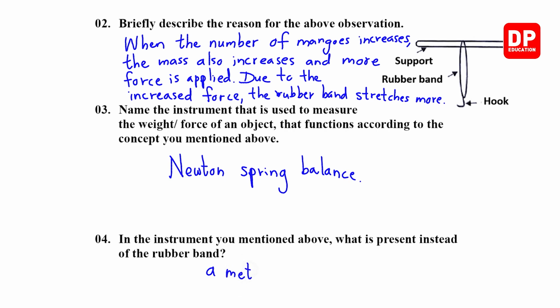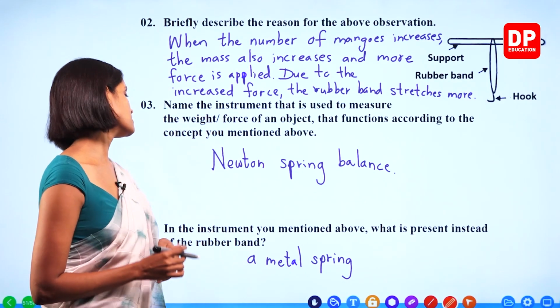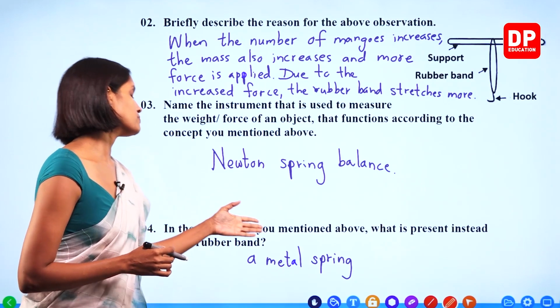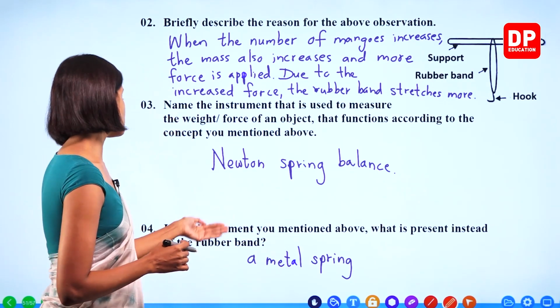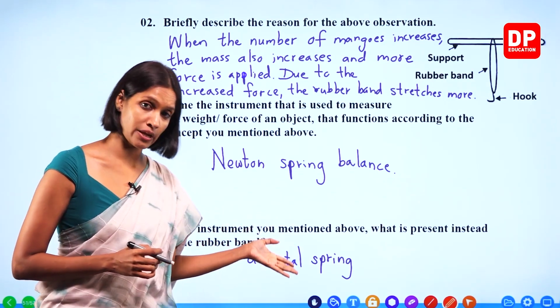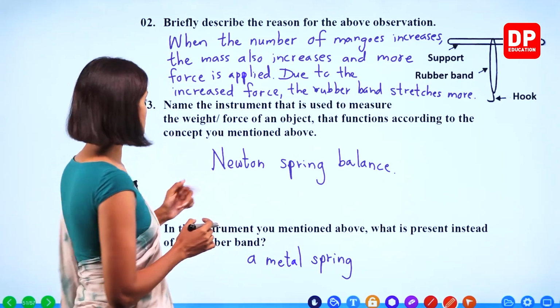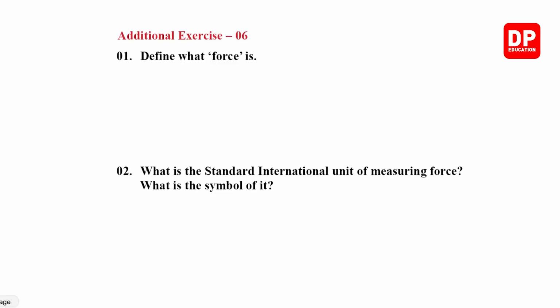So in the instrument you mentioned above, instead of the rubber band, it is a metal spring. Right, children? We move on to the next.